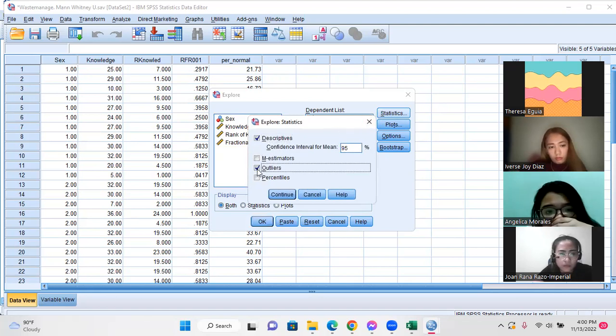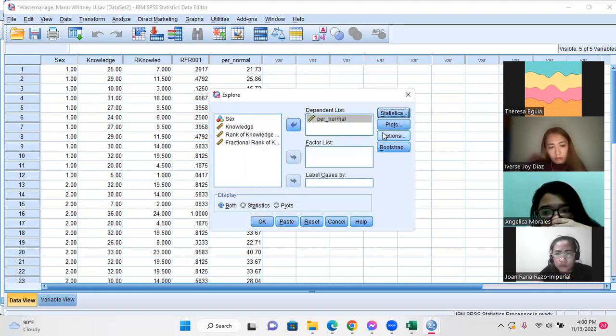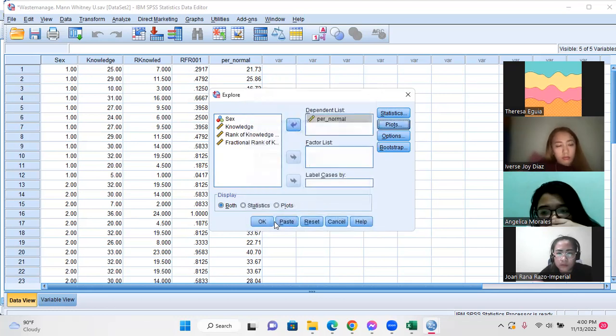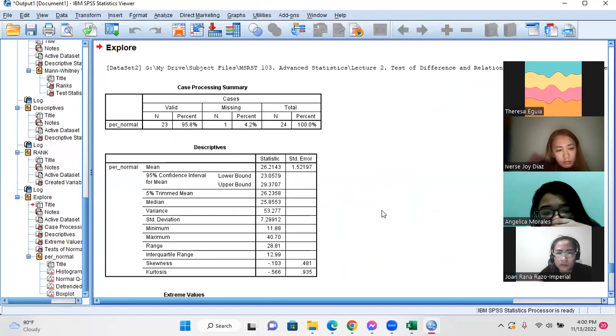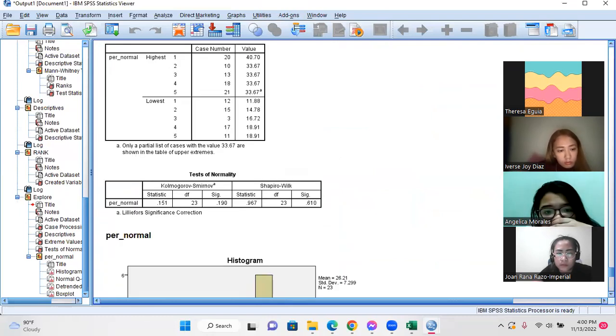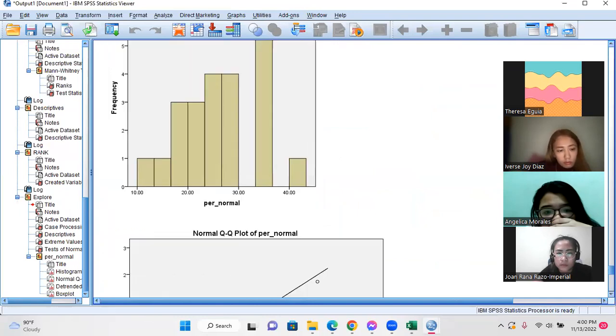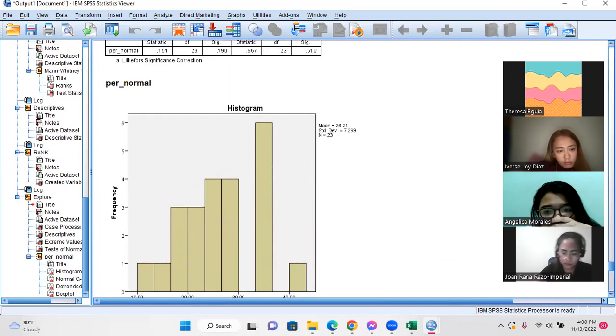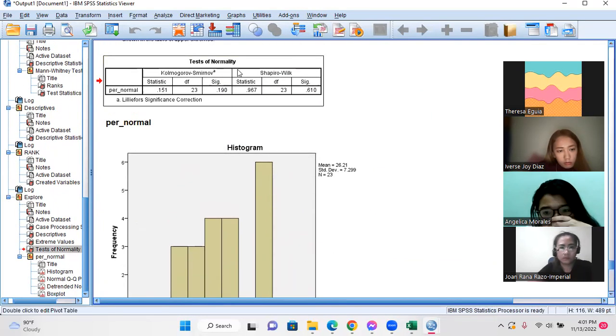Then outliers, plots, unclick stem and leaf, histogram, normality plots with test. Click continue. Okay. Let's check if ma-normalize niya. Ayan, na-normalize niya.